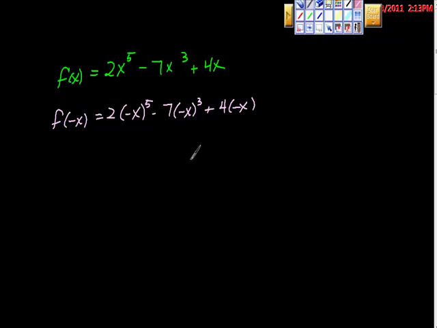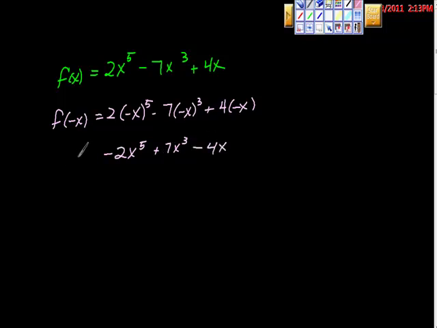Do all this math, and we're going to get negative 2x to the fifth, aren't we? Positive 7x cubed, minus 4x.